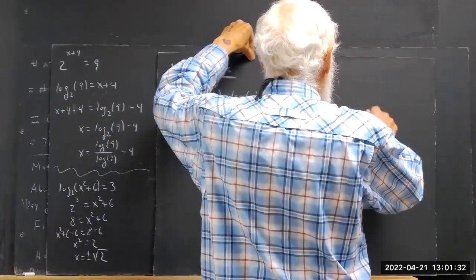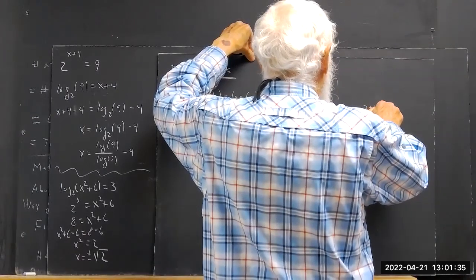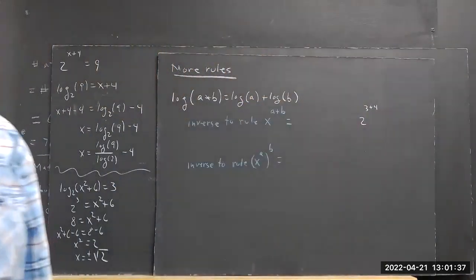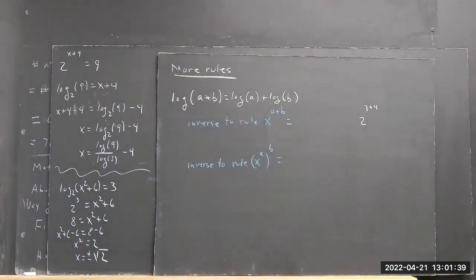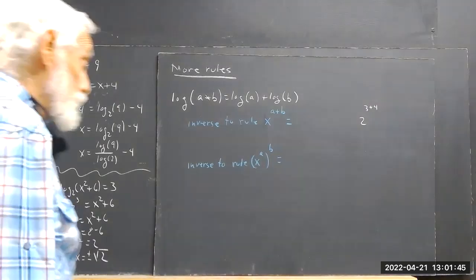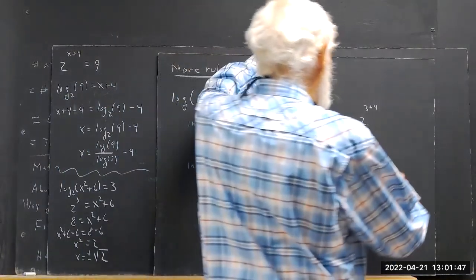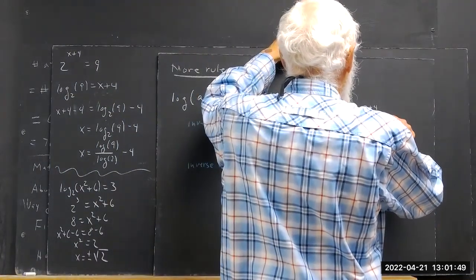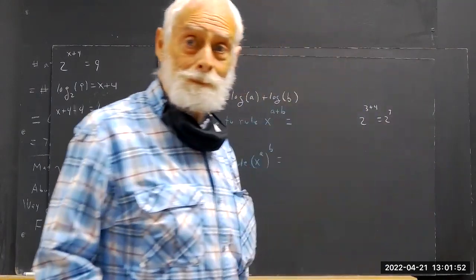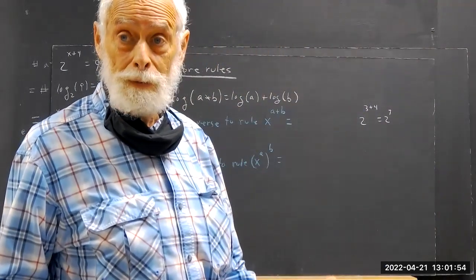So let's just take the example. What is 2 to the 3 plus 4? Really make sure you've got this. 2 to the 3 plus 4 is, of course, 2 to the 7th, isn't it? And what's 2 to the 7th?